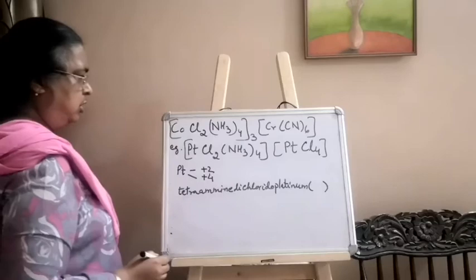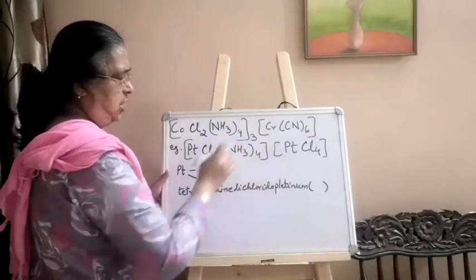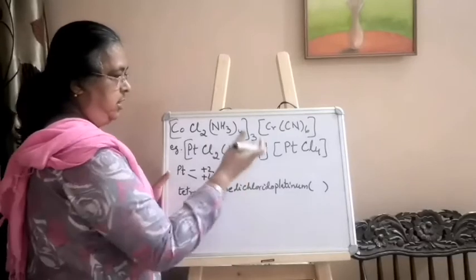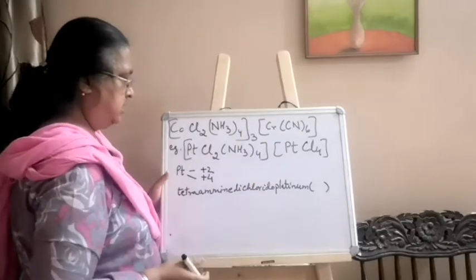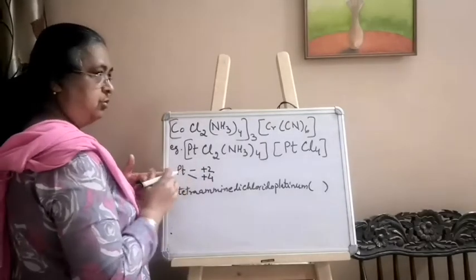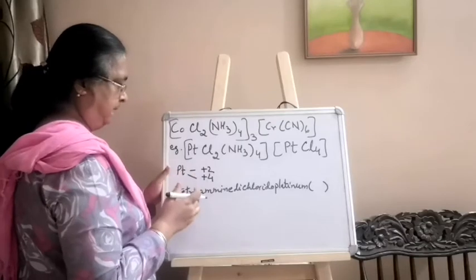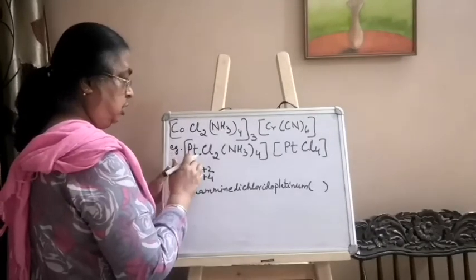Now you cannot calculate its oxidation state because you don't know the charge here. It may be 1, it may be 2; from the formula it's not clear. In such cases you have to consider both oxidation states of platinum and apply them.